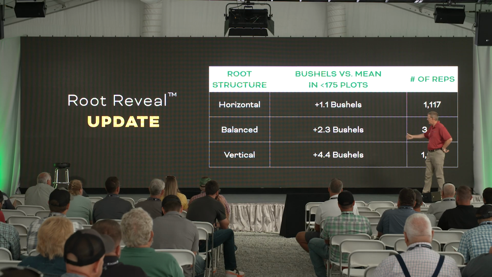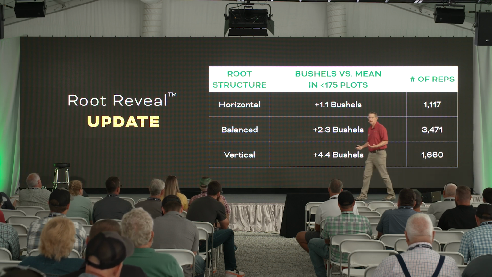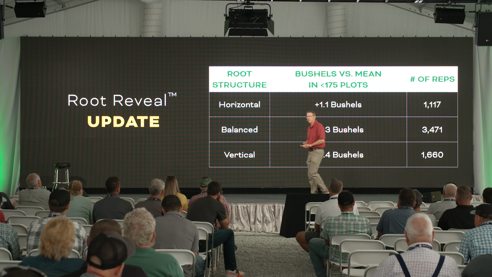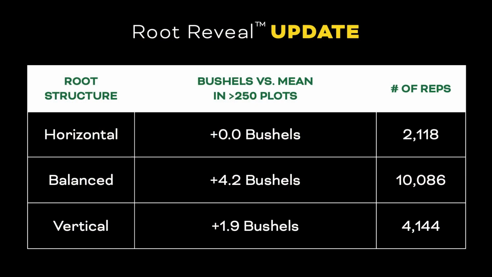And when you looked at the data, interestingly enough, the vertical architecture tended to perform best in those low-yielding environments. Again, you start seeing these themes tend to repeat themselves. That's encouraging to us. Then I said, okay, what about the highest yielding? Interestingly enough, in the real high yielding, that balanced root architecture tended to perform best.